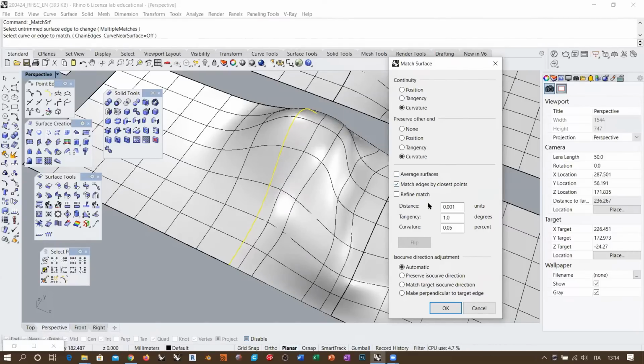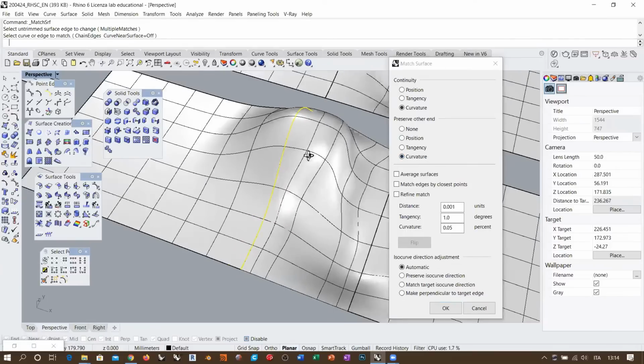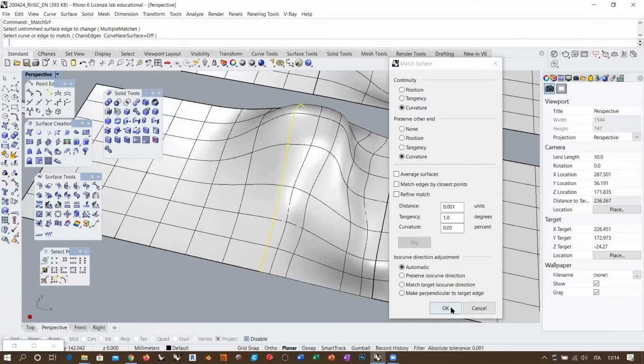No, there is nothing wrong with this. Also, I'm not refining the edges, so basically these values here are not being taken into account. So you see average surface is also changing this one. No, everything is set properly. I don't understand why this is creating this kind of strange result.